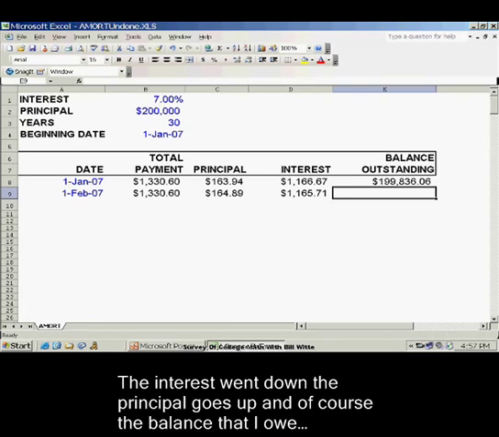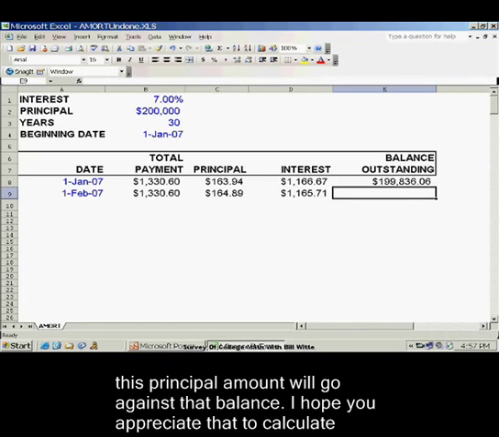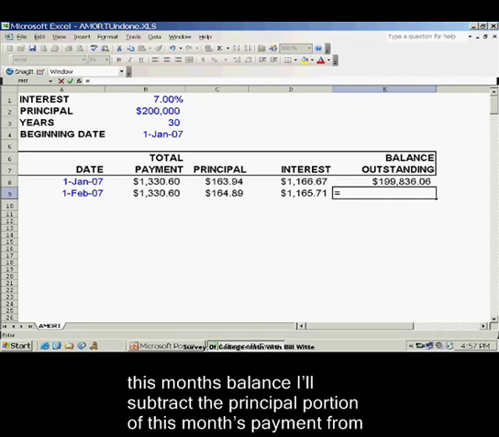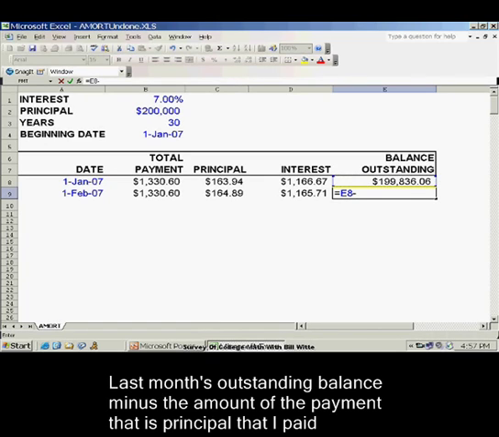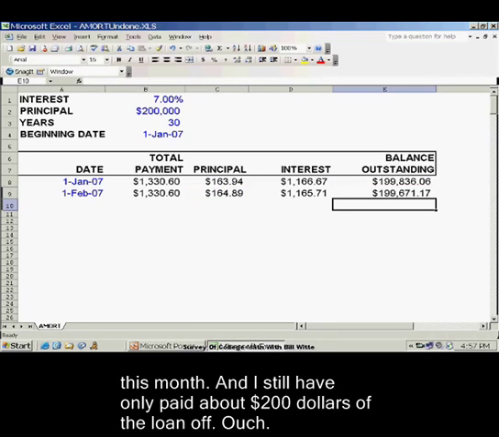So what will I subtract this principal from? I hope you appreciate I'll subtract it from last month's outstanding balance. So that's going to be last month's outstanding balance minus the amount of the payment that is principal that I paid this month. I still haven't even paid off $1,000. I only paid $200 off that. Ouch.